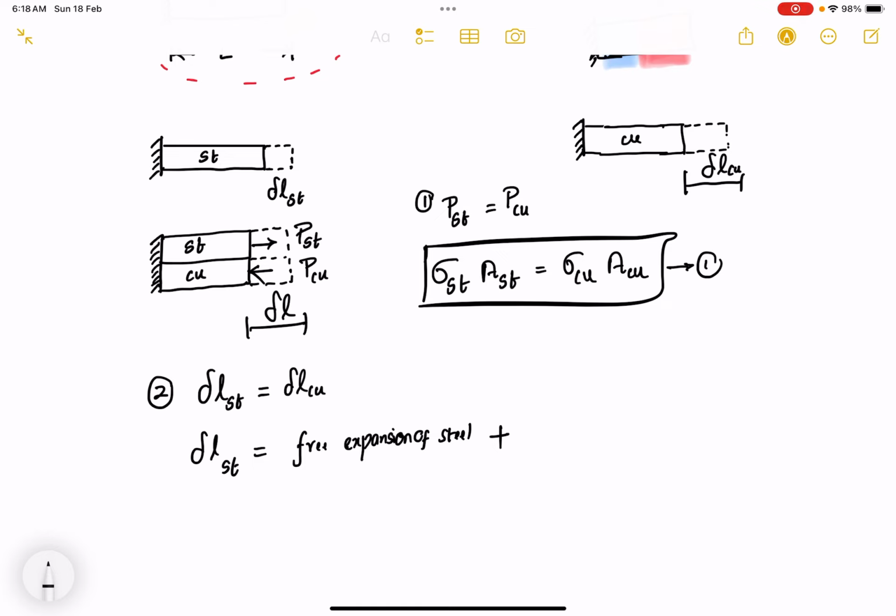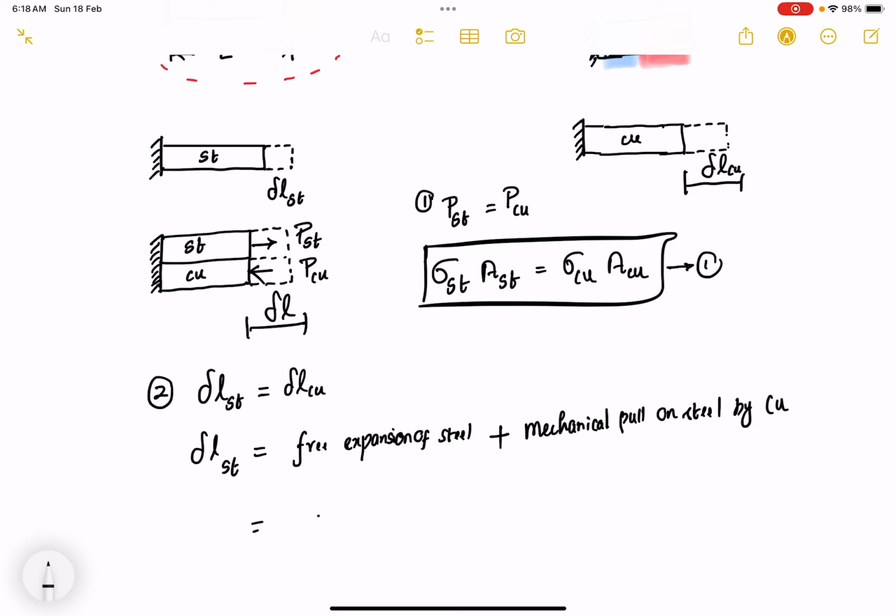Okay, mechanically. So there is a mechanical pull on steel by copper. So I can write this in the form of an equation.